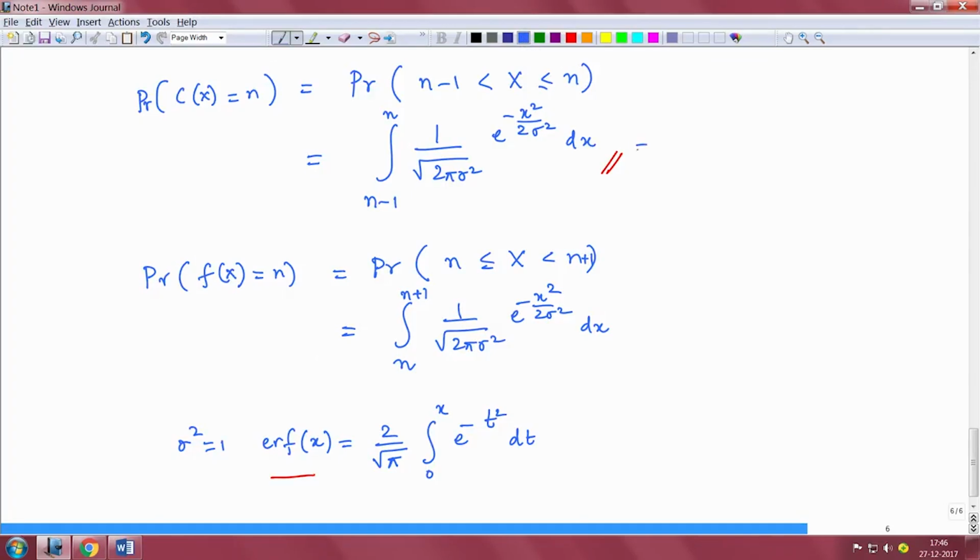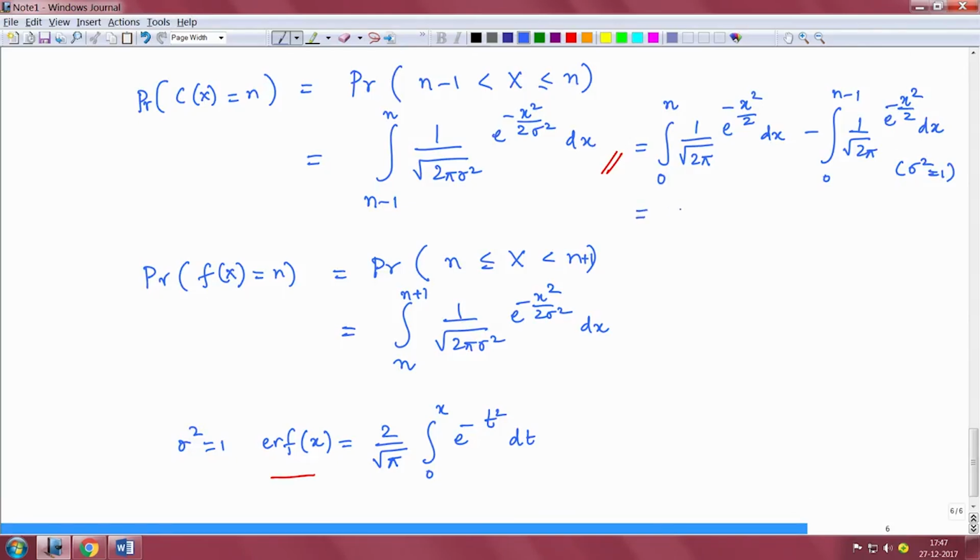So this is actually equal to the integral from 0 to n of 1 by square root of 2 pi e power minus x squared by 2 dx, minus the integral from 0 to n minus 1 of 1 by square root of 2 pi e power minus x squared by 2 dx, with sigma squared equal to 1. We want it in the form of the ERF function.